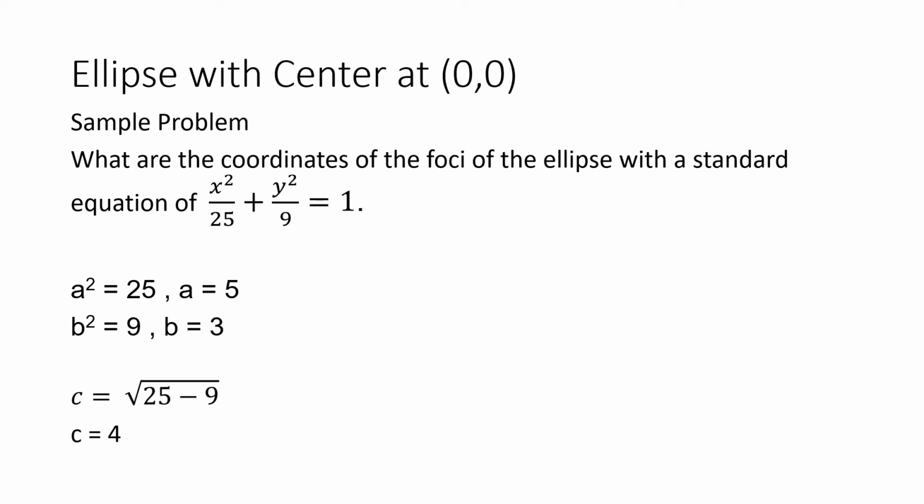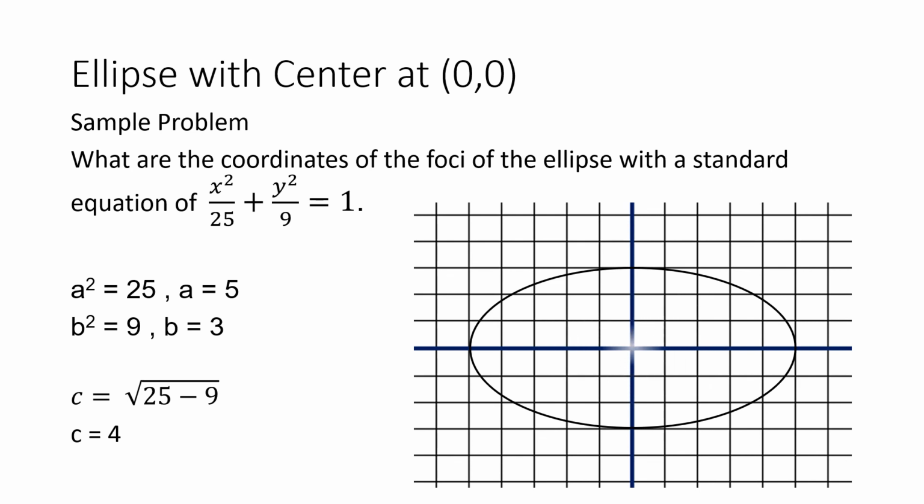And again, as I've said earlier, the major axis of our ellipse is the horizontal axis. So this is our ellipse with center at 0, 0. The distance between the center and the focus is 4 units. So if we're going to identify the coordinates of our focus on the left side, we subtract 4 units to the x-coordinate of our center.